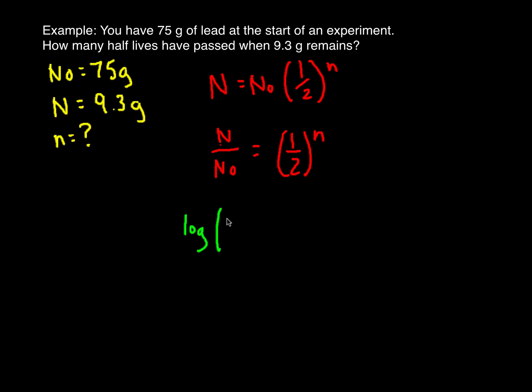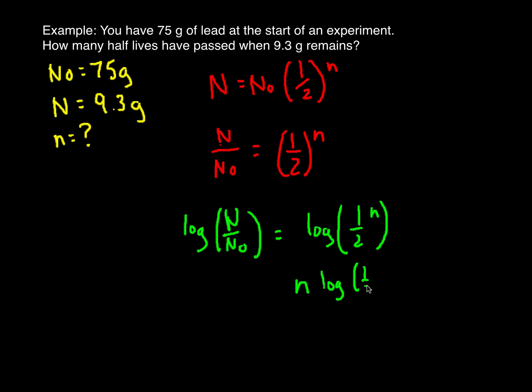Log of N over N naught equals log of 1/2 to the little n. When you're taking the log of anything with an exponent, that exponent can come out in front of the log. This is n log 1/2 equals log of N over N naught.